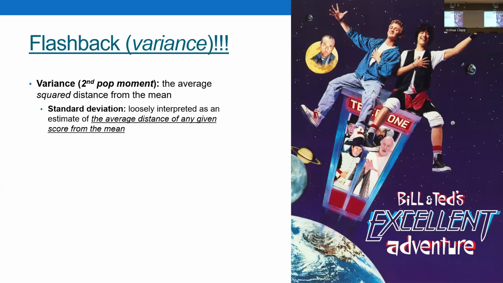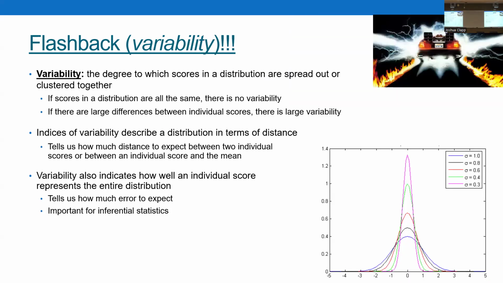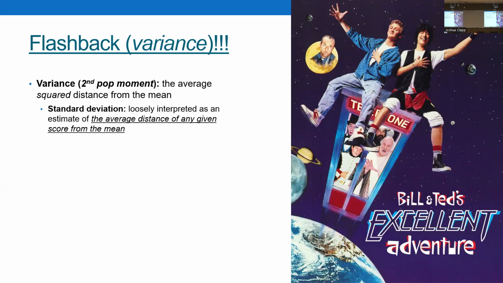Thinking about variance: here we're talking about variability as just a general concept. Variance is a specific statistic, specifically the second population moment. Variance is the average squared distance from the mean. If we take the square root of that, we end up with our standard deviation.